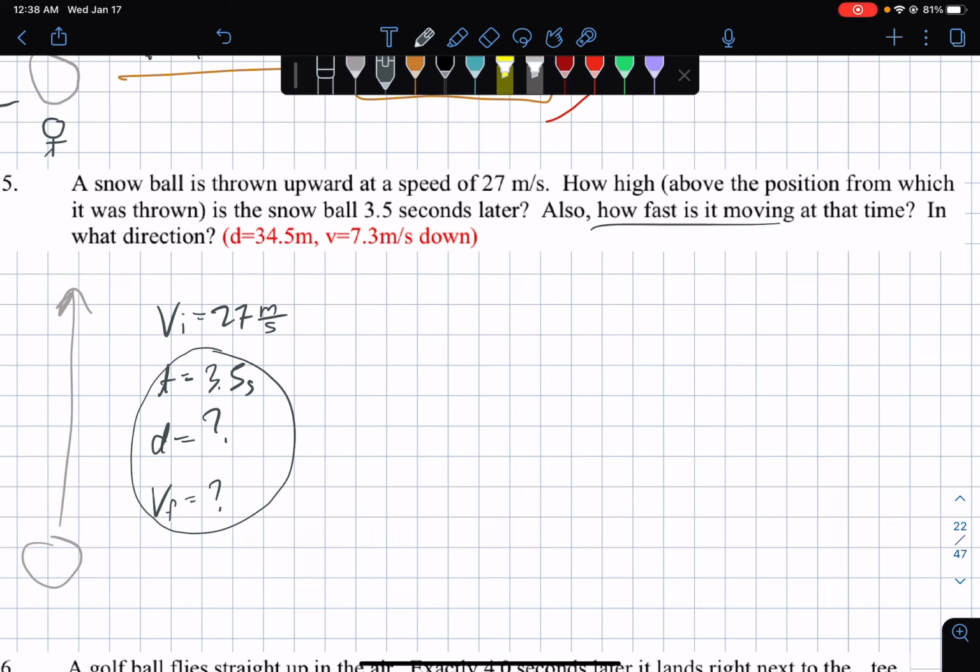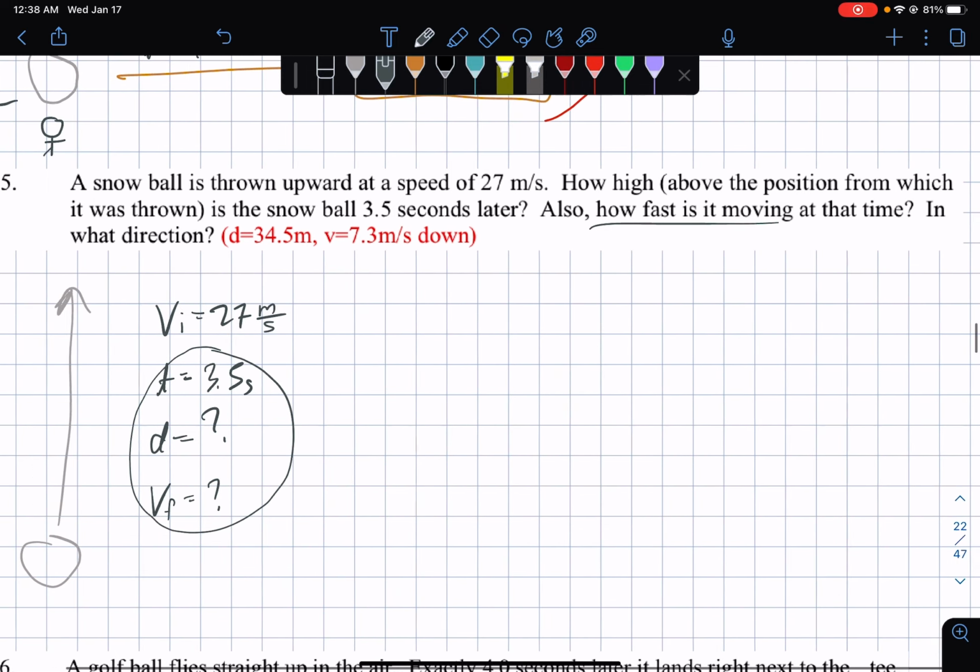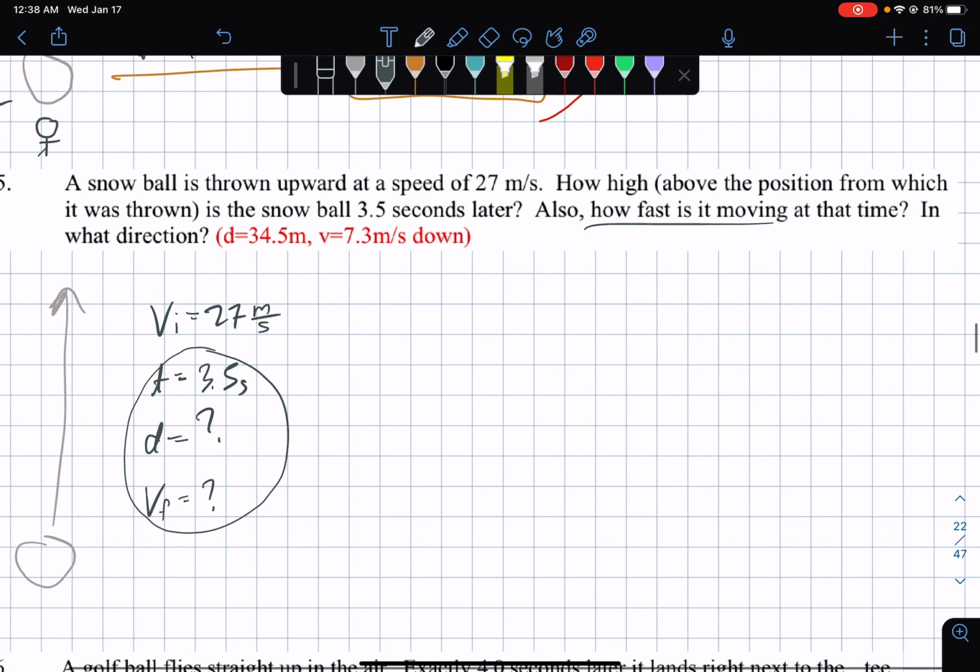In what direction? Thrown upward. So. Wait, no. Oh, okay, I get it. Yeah, let's just calculate first.